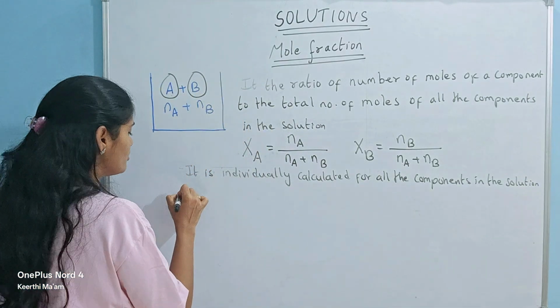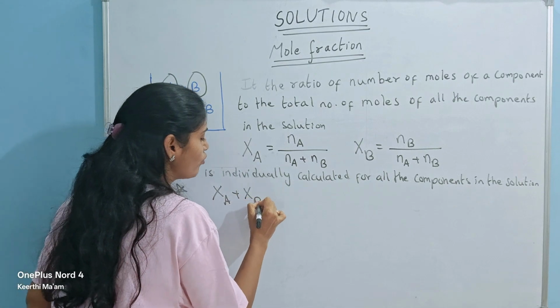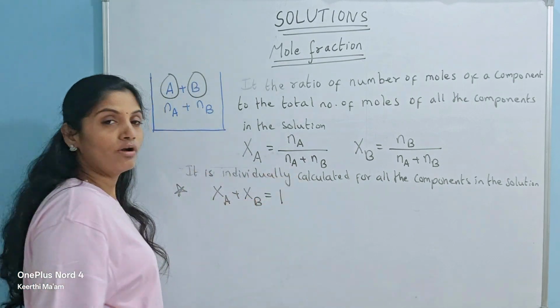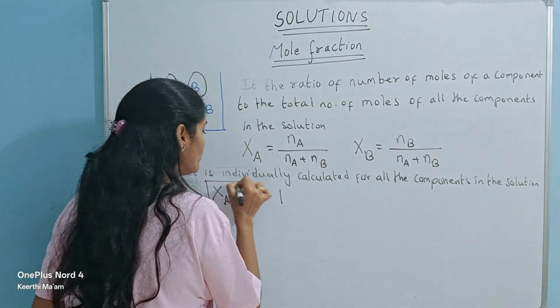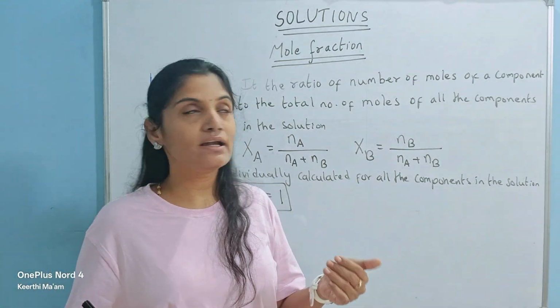One more thing you can understand here is mole fraction of component A plus mole fraction of component B will always be equal to 1. So if I add all the mole fractions of a solution, the sum of all the mole fractions is definitely equal to 1.